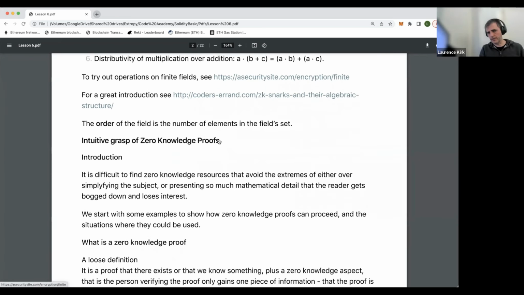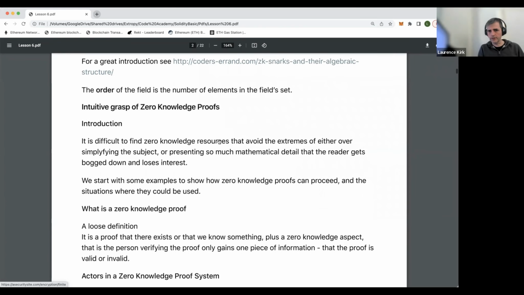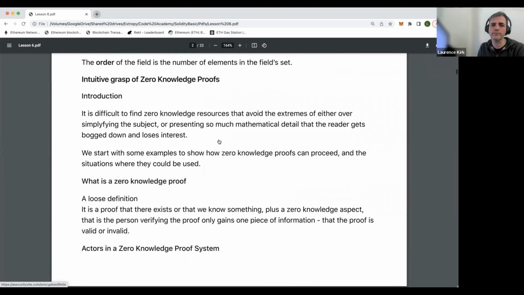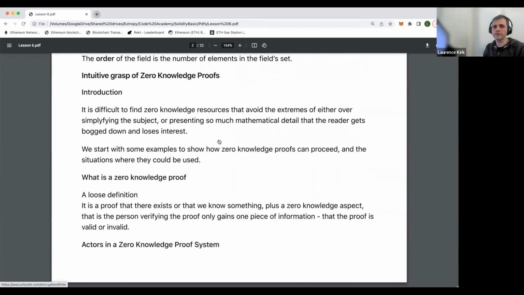Okay, so that's just a little bit of background terminology that you will come across if you dig into this area a little bit more. But I'll go now on to a more intuitive idea of what zero knowledge proofs are. There is a difficulty when talking about zero knowledge proofs, because it's not difficult to give intuitive examples of what a zero knowledge proof is, and that's one extreme.